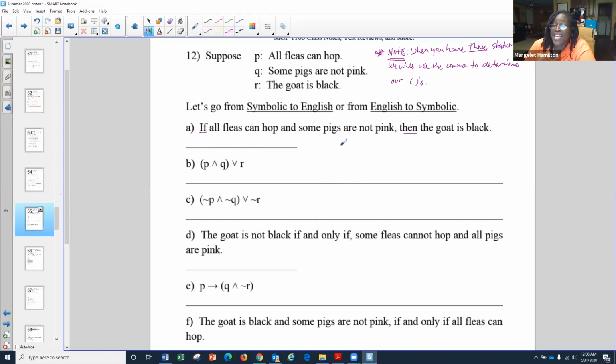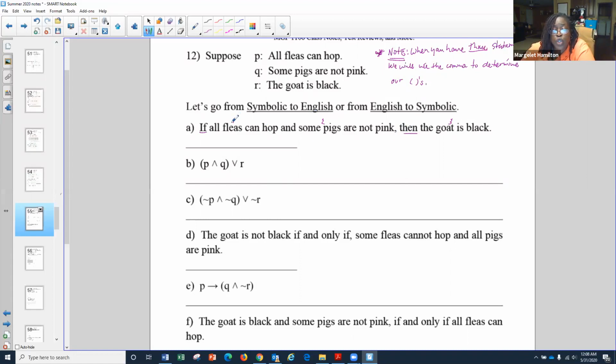That is the main statement that we have, if then. But if you look at the structure of it, you'll see that we have two simple statements being held together by an and before we get to the then. So we have one statement, two statements, and three statements. See that? I'm just pointing some things out so you can see.